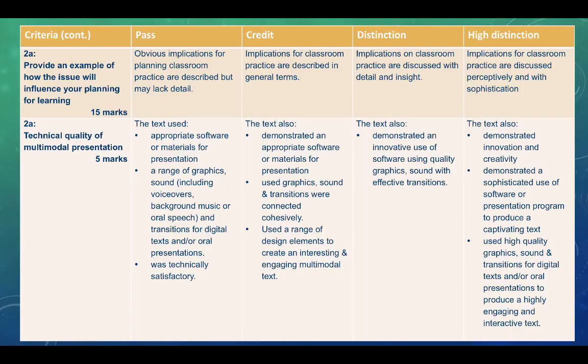So you're articulating obvious implications for planning and classroom practice, but you might not be so detailed at a pass level. You're more detailed and more precise at a credit level. At a distinction, you really are quite precise and a very good level of detail and insight. Whereas at a high distinction, you're very perceptive. So again, it's an indication of higher order thinking skills.